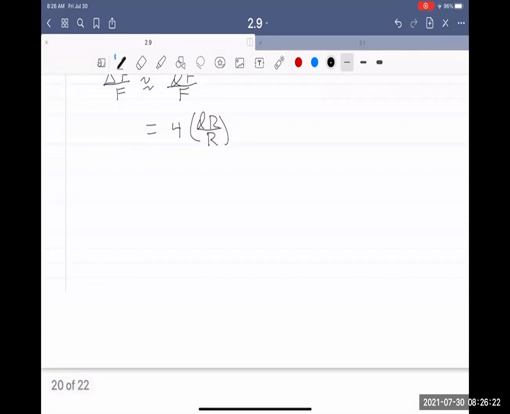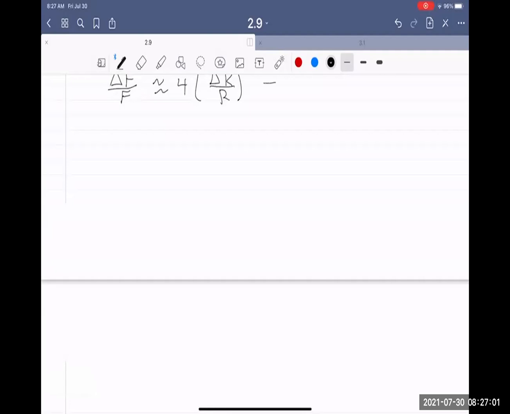But this is approximately equal to, well, the change in r is approximately dr. So this is approximately the change in r over r. And so that's what we wanted to show. We've shown that the relative change in F is 4 times the relative change in r.